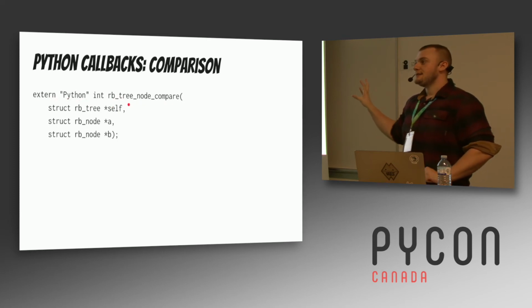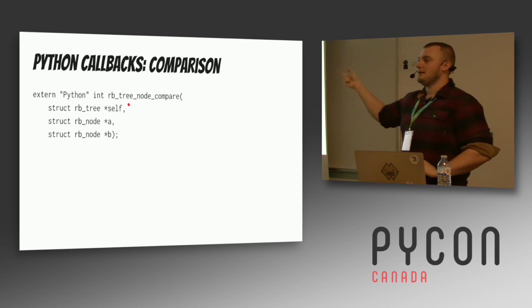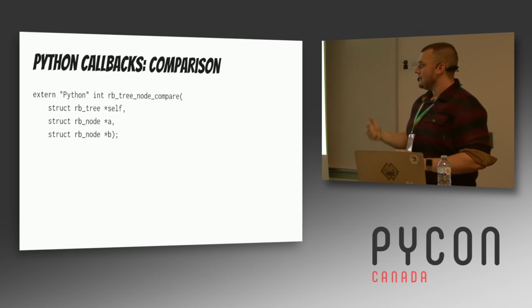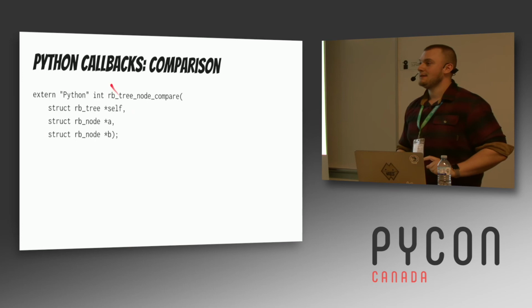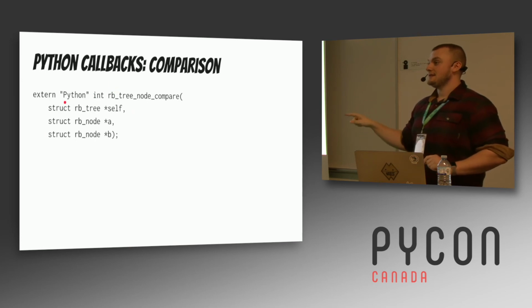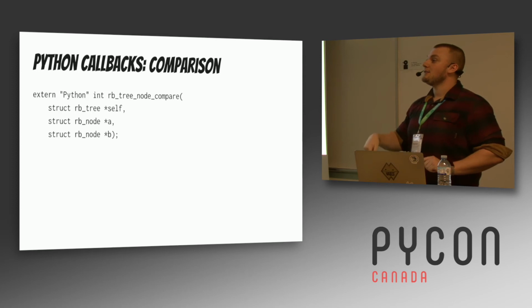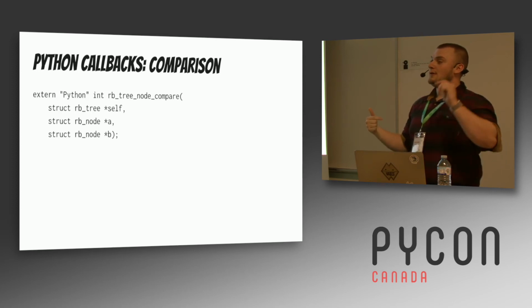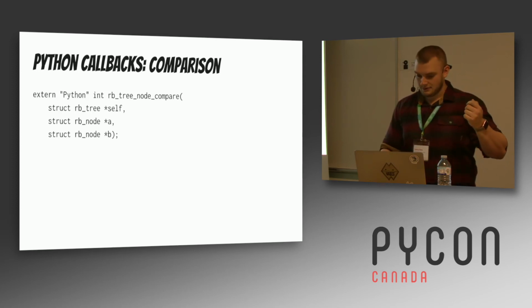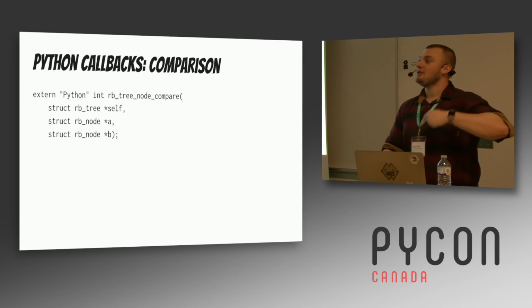This fits the typedef that we had earlier of the node comparison function. Extern Python tells CFFI, don't expect to find this in the C source code. This is going to come later from Python. It's going to be a Python function that I want you to call when the equivalent C function is called. So it actually bounces back out from C to Python.